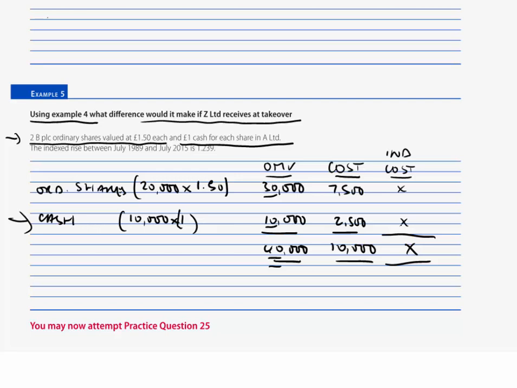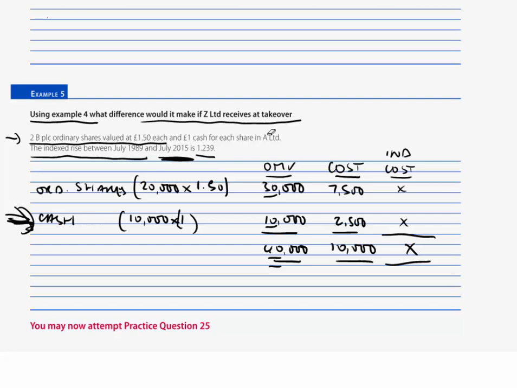So what they do give us, as seen in the previous example, is an actual indexed rise, expressed as an indexation factor, between July 89, when you originally acquired your A Limited shares, and now July 15, which of course is when the takeover took place and you received this cash here. That's when you received that cash. And that, as we can see there, is 1.239.